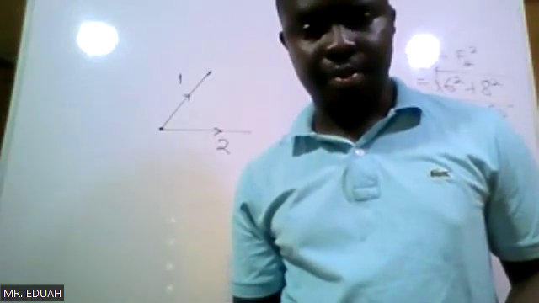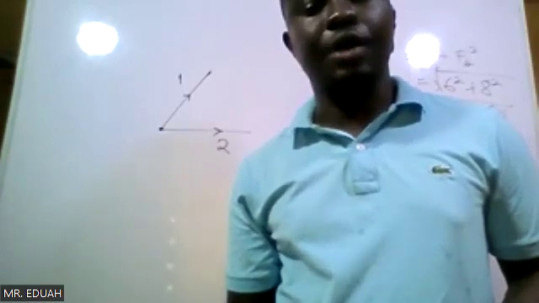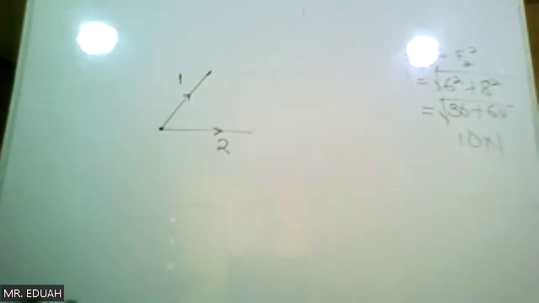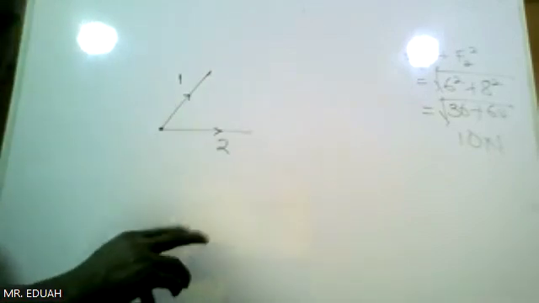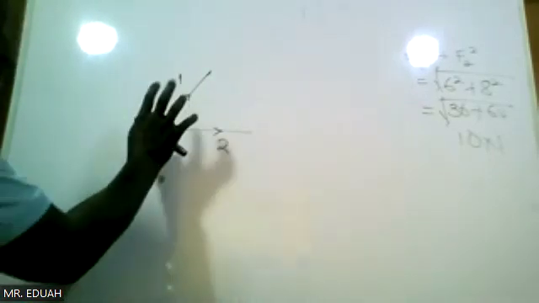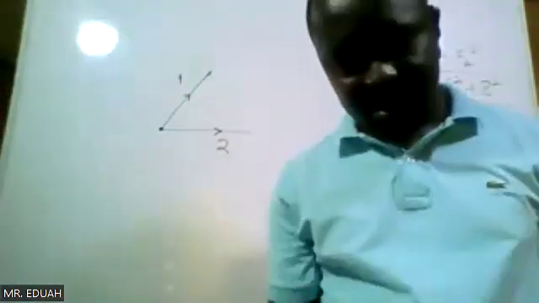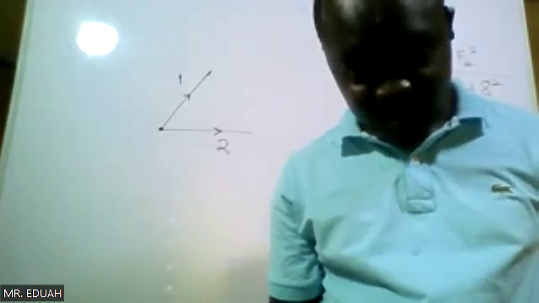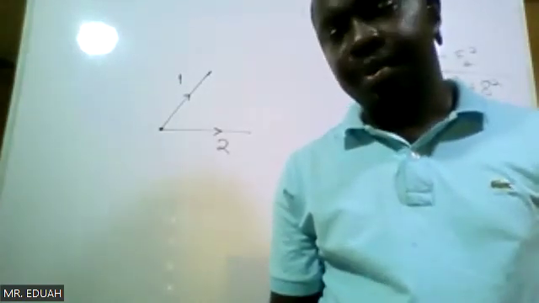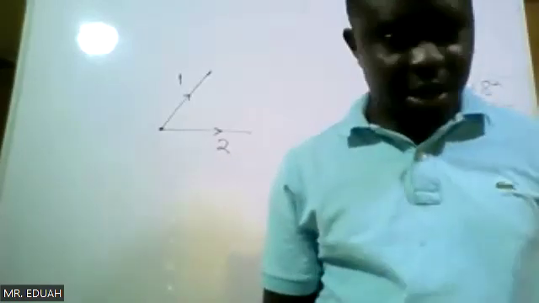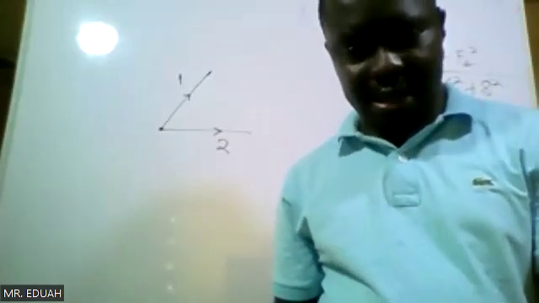If your answer is ready, share with us. From A to D, which of them will represent the resultant of these two vectors? Who says B?